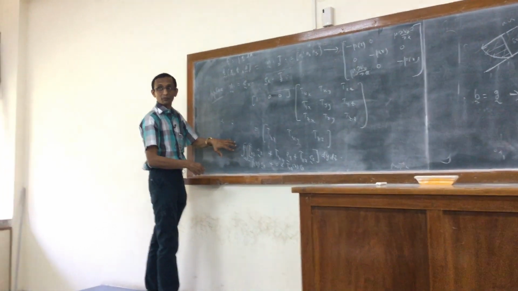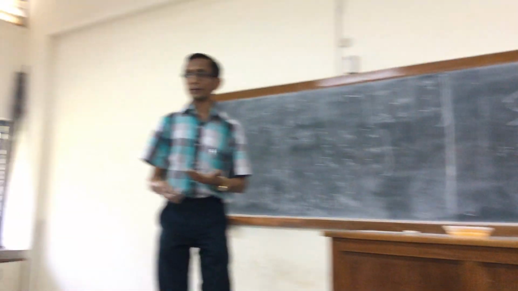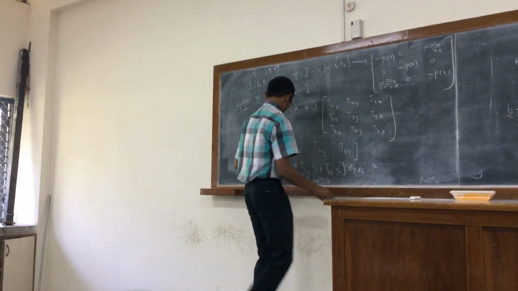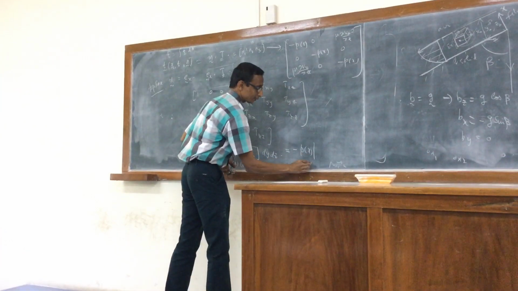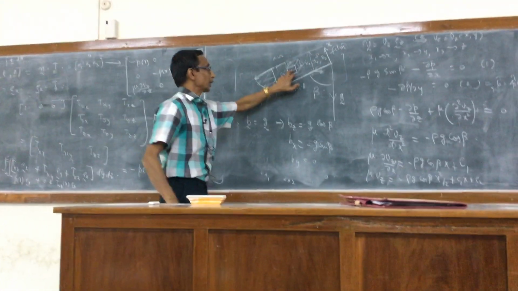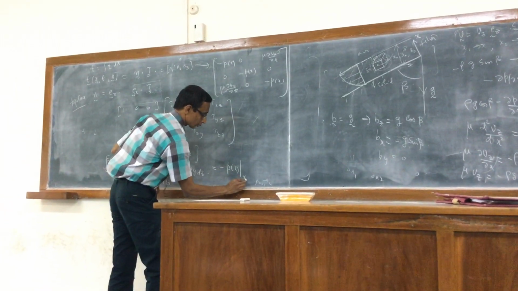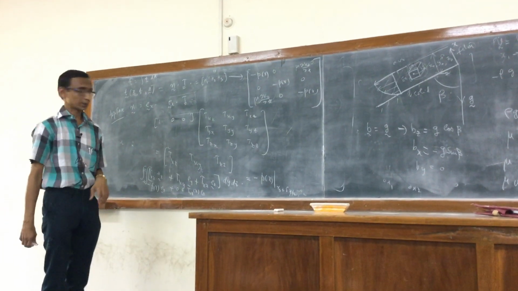But since the integrand is independent of y and z, all I will get in this case is minus p at x, where, taking this to be x naught and this to be delta x, x is x naught plus delta x by 2.